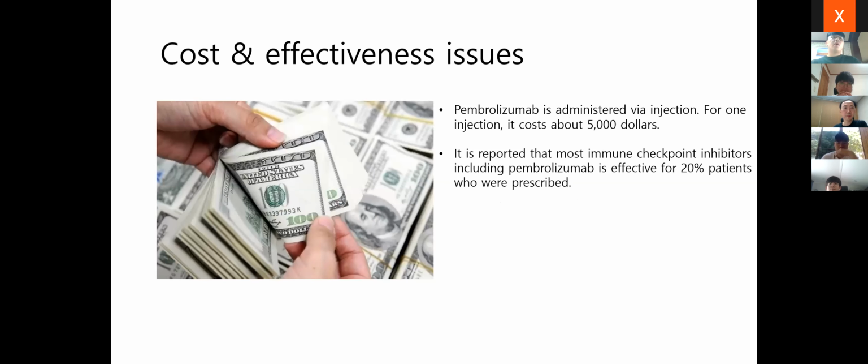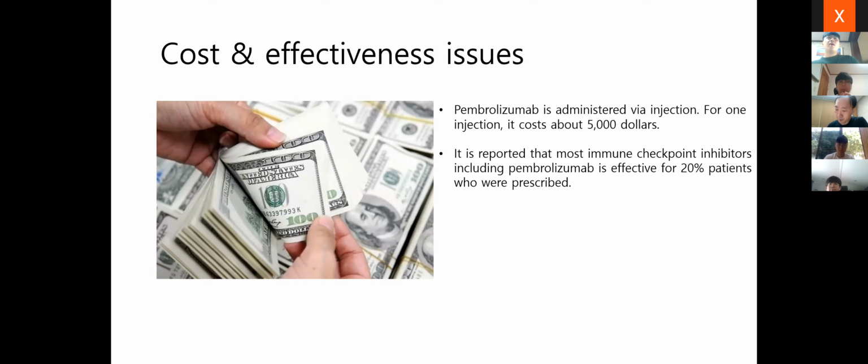And also there are some cost and effectiveness issues. Firstly, this third generation drug, including Keytruda, is very expensive. Keytruda is administered via injection, and one injection costs about $5,000.